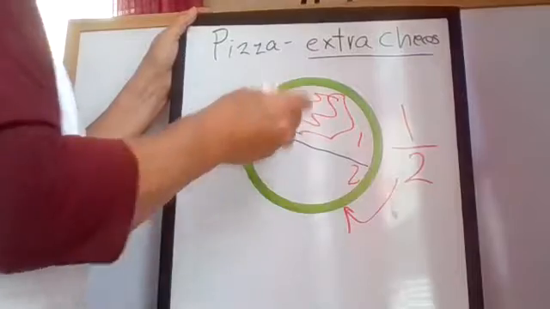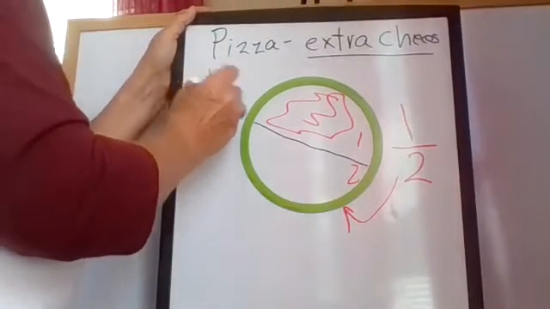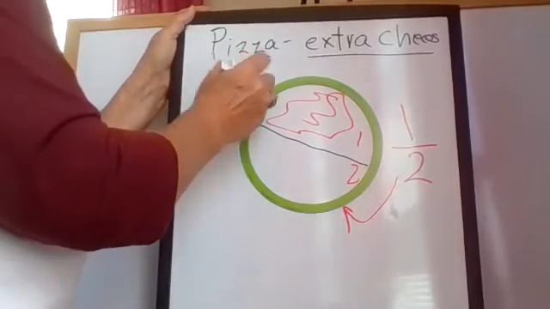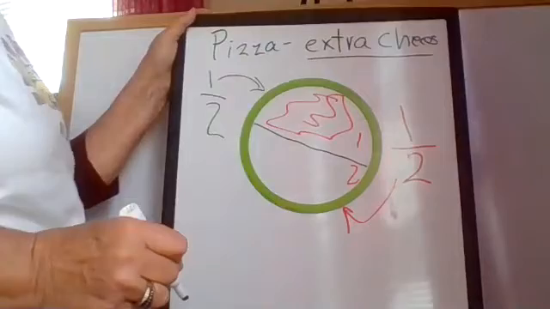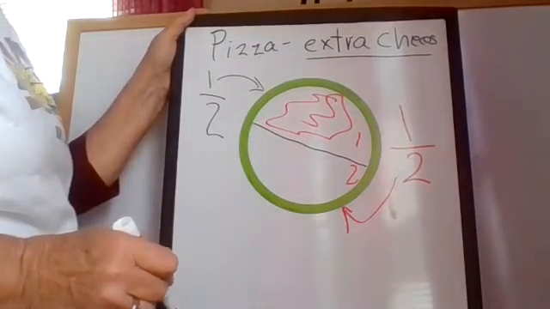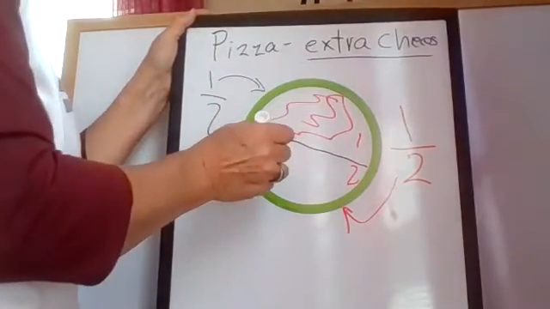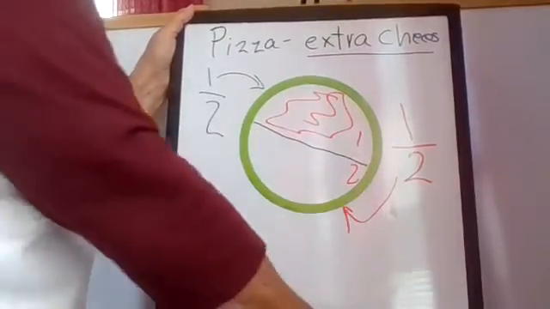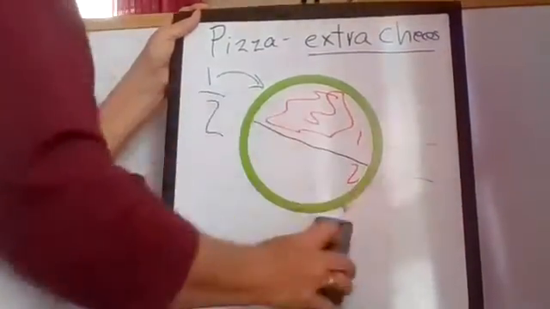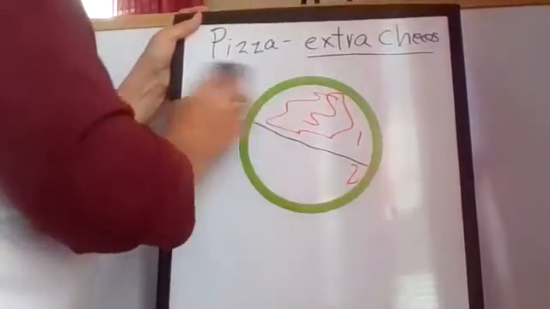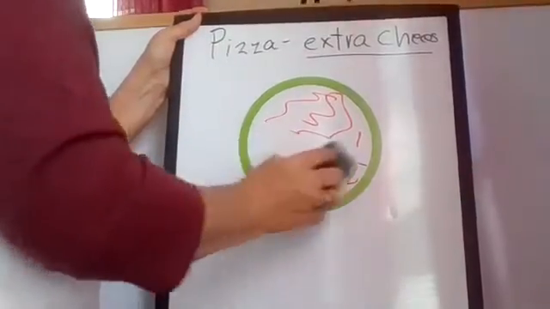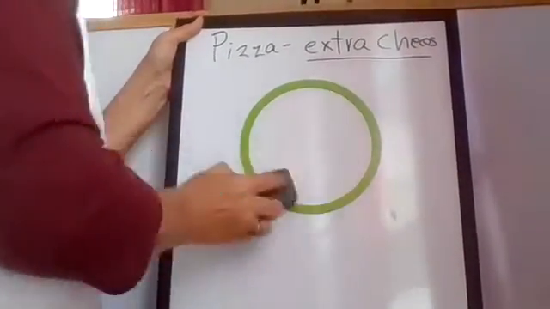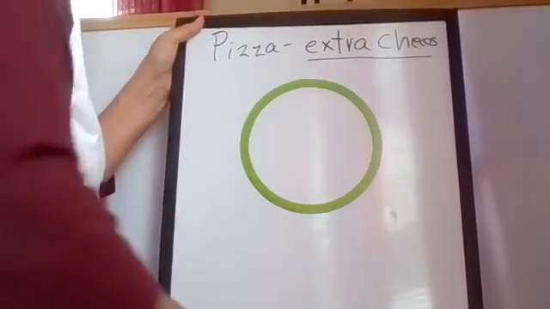How many slices are left? There are 1 out of 2. There is 1/2 left. They are both exactly the same. They must be exactly the same to have a fraction. All right, now let's see. Somebody came along and they say, hey, I want a slice of that pizza.